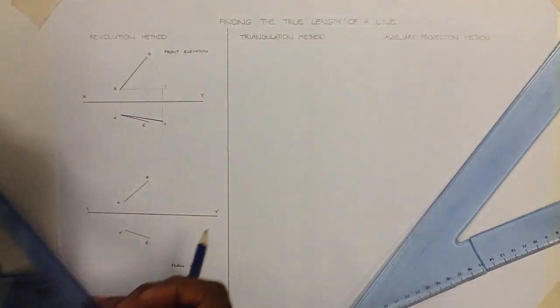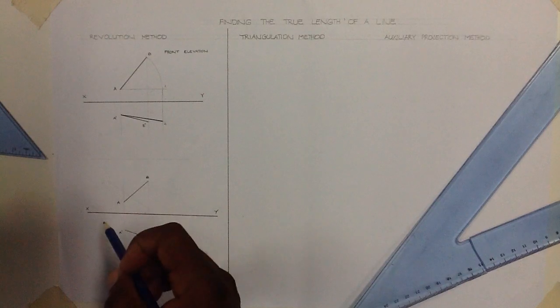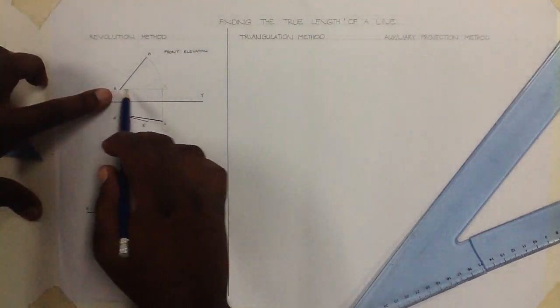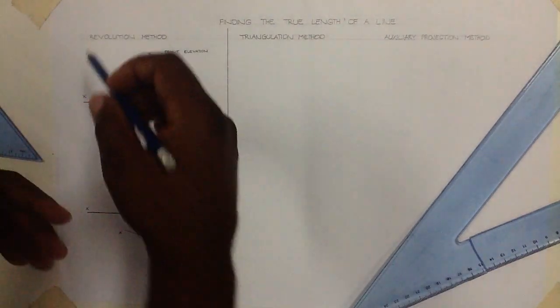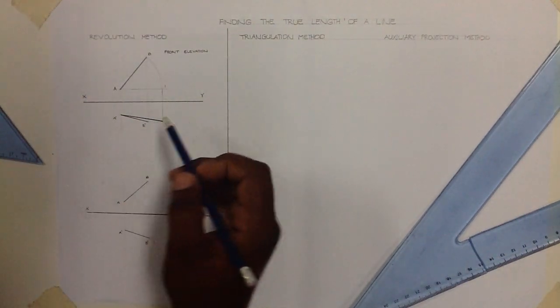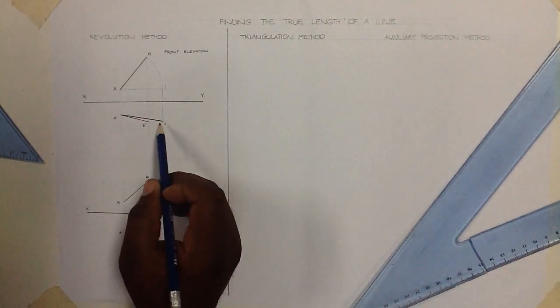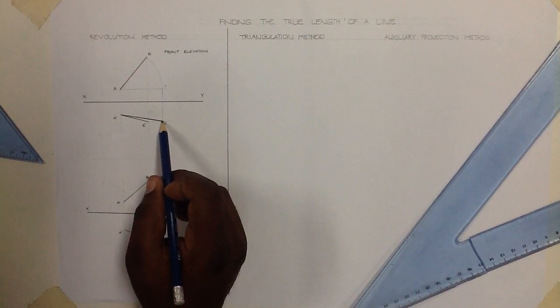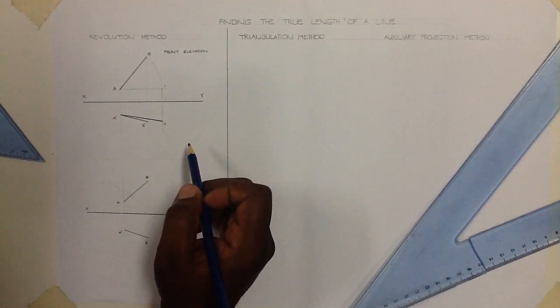And so this is how it is found using the revolution method. Very simple, very easy. Line AB, your radius, inscribe your arc. Extend your line from point 1 and extend also from point B prime. Point 2 is the next end of your line.